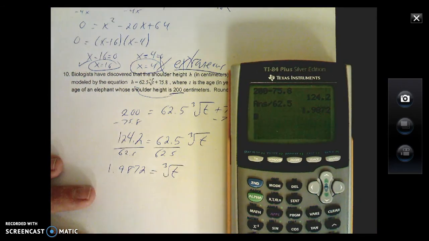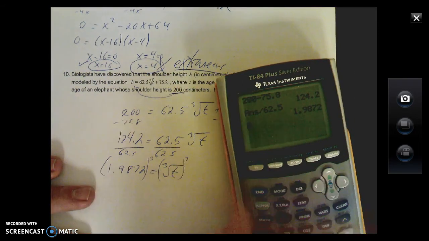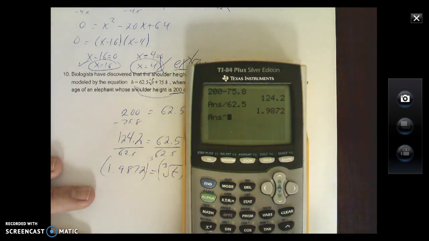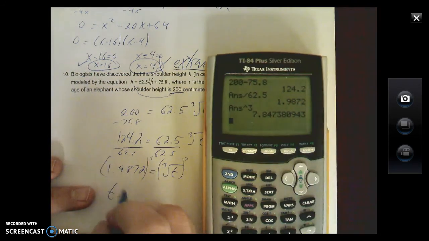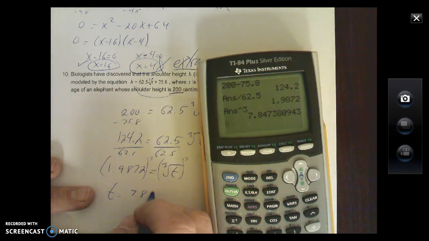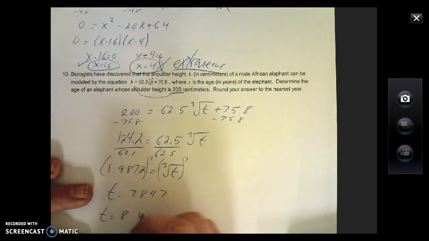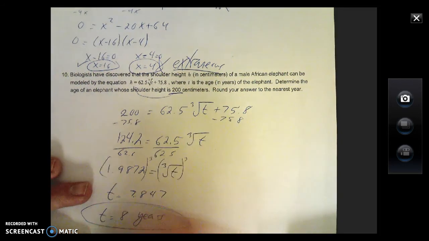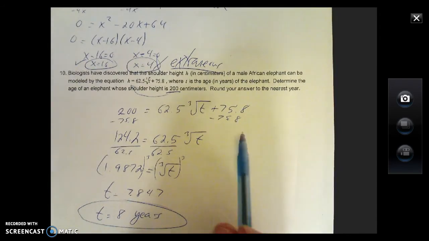Then I'm cubing both sides. So I'm raising my answer here to the third power. Finally, it says round to the nearest year. 7.847. Well, if I'm rounding to the nearest year, that would be 8 years.